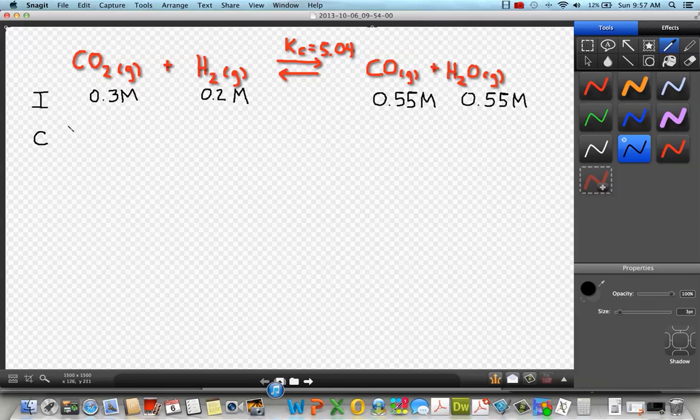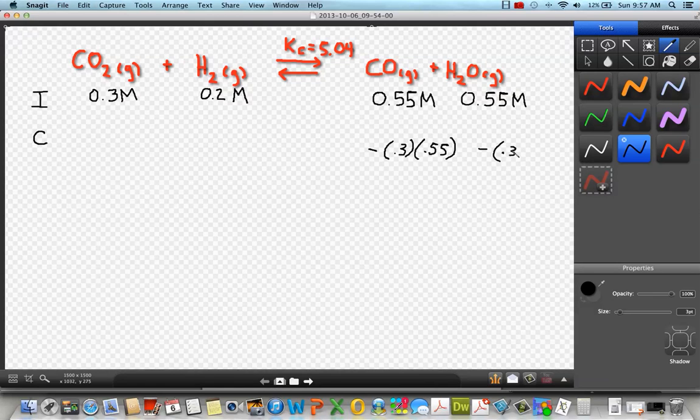Now we know that the change is going to be that 30% of the CO is going to revert back to reactants. So now we don't need an X. Now we have 0.3 times 0.55, plus 0.3 times 0.55.